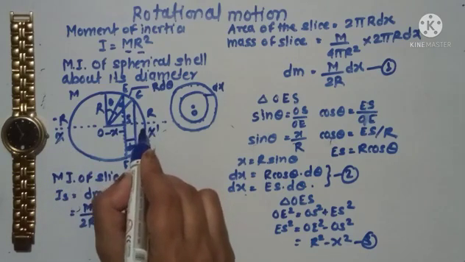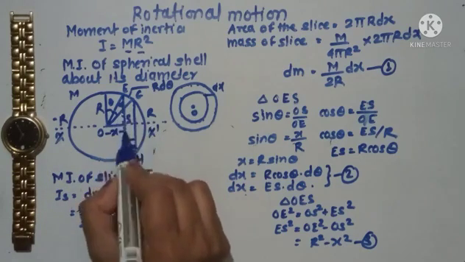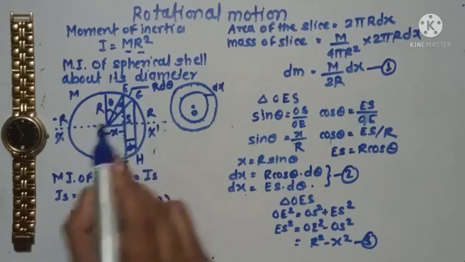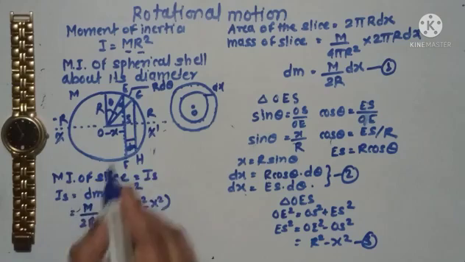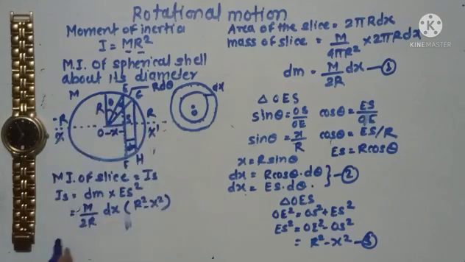So this is the moment of inertia of this small thin slice about the axis of rotation OO dash. Now if I take the integration of all these thin slices running from minus r to plus r, I can get the total moment of inertia of the spherical shell. So I is given by the integration running from minus r to plus r, and it can also be written as 0 to r, 2 times.